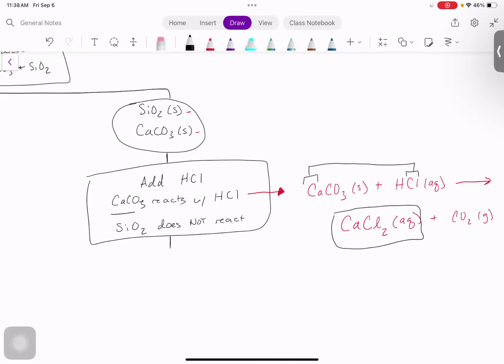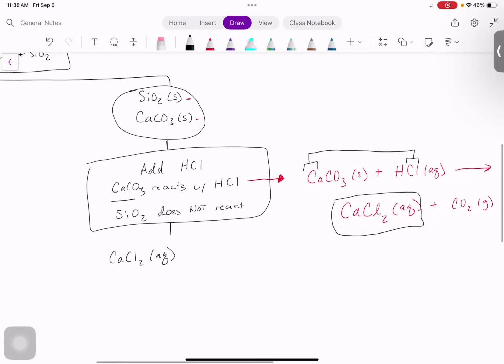So after we add HCl, now we have calcium chloride, which is aqueous, meaning it's dissolved in water. So we've dissolved the calcium that's present in the solution by converting it to calcium chloride. And we can separate that from the solid silicon dioxide.